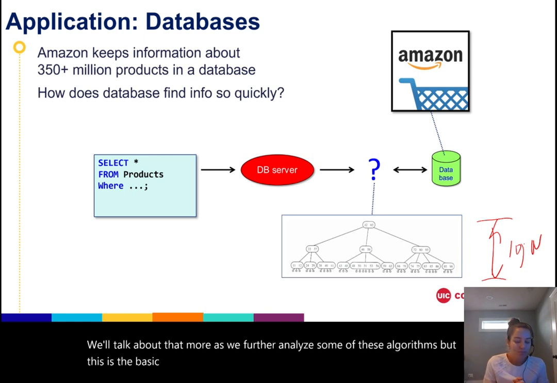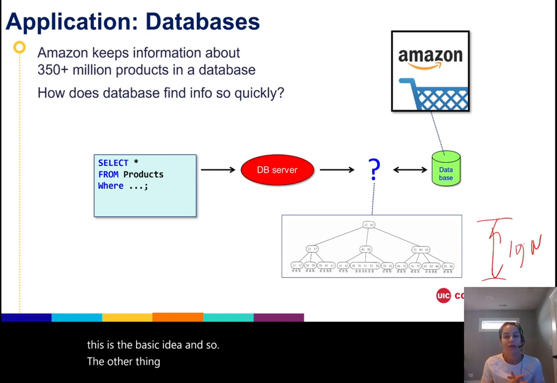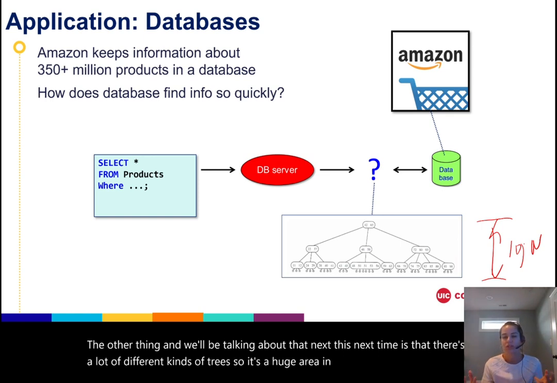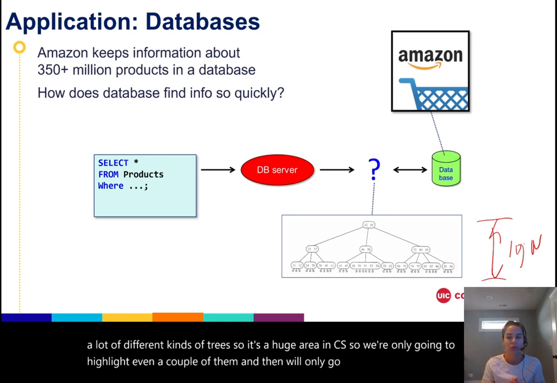And the other thing, which we'll be talking about next time, is that there are a lot of different kinds of trees. It's a huge area in CS, so we're only going to highlight a couple of them, and then we'll only go deep into a couple of them as well.